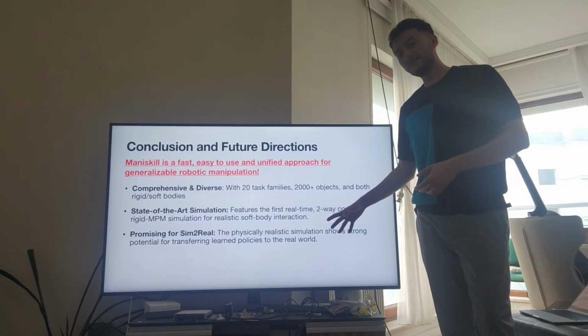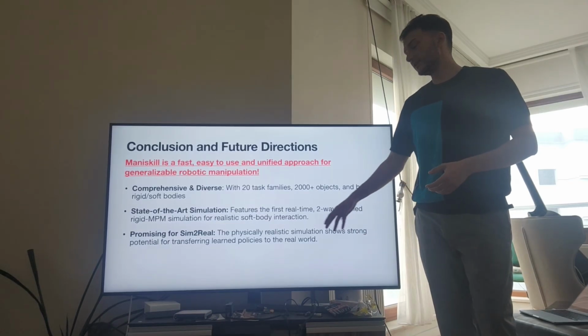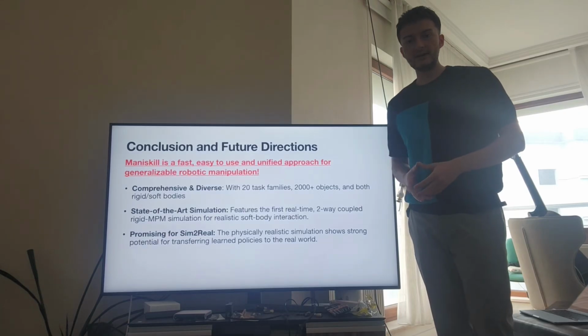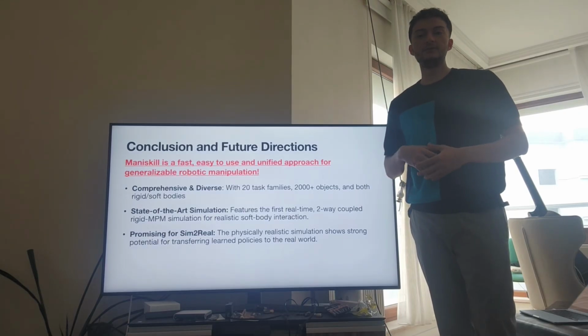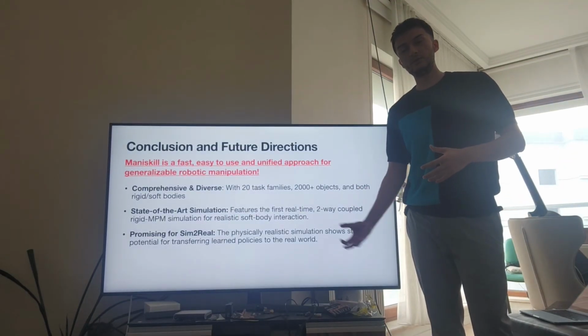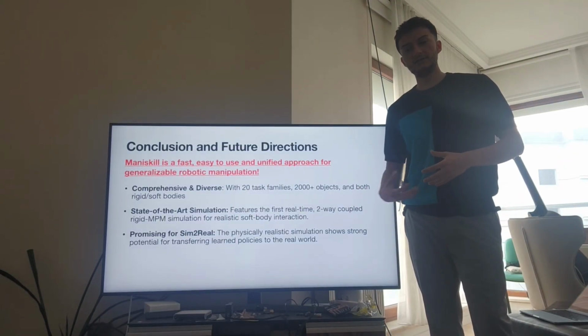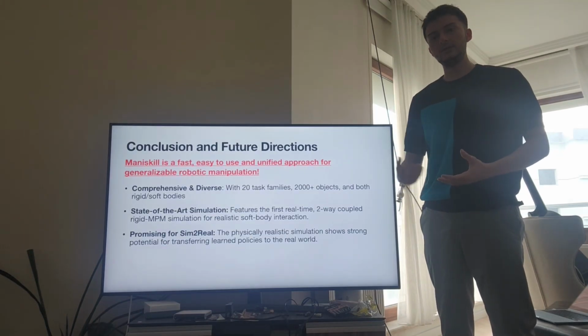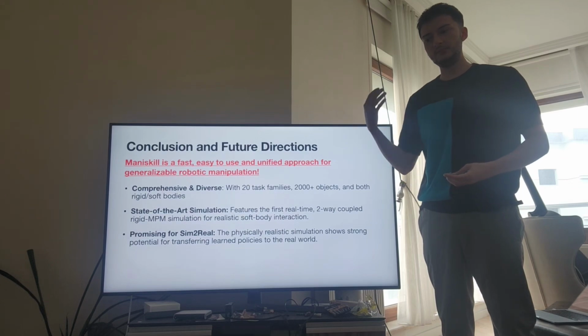The physically realistic simulation shows strong potential for transferring learned policies to the real world. So it's not just in simulation, but it also gives us a chance to perform these tasks in real life, with zero-shot transfer.